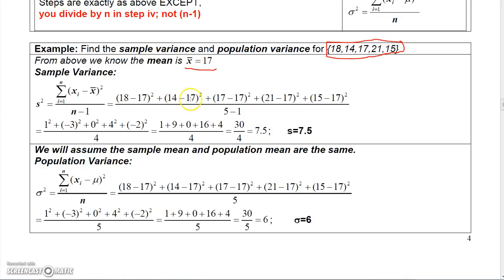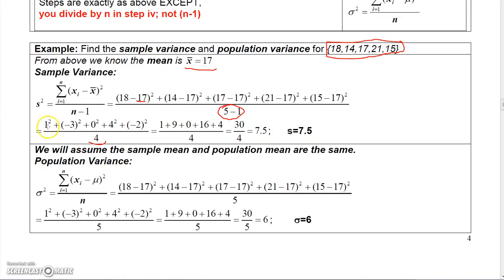I take 14 minus 17 and square it. 17 minus 17 and square it. 21 minus 17 and square it. 15 minus 17 and square it. So each of these data scores, I'm going to subtract the mean, which is 17, and then square it. And then I'm going to divide all of that by n minus 1. Now remember, n is 5 here because we have 5 data values. So I'm going to subtract 1 from 5, and so I'm actually going to divide by 4.